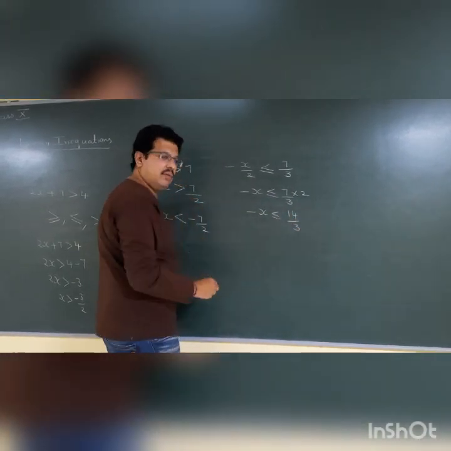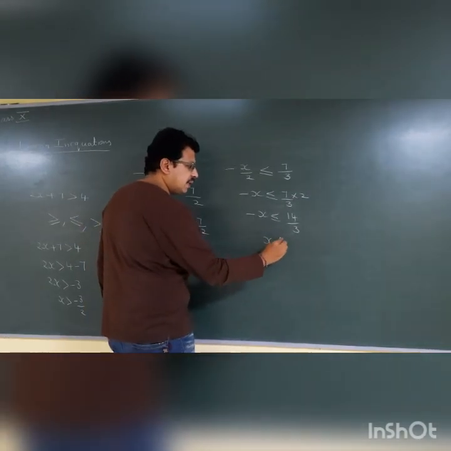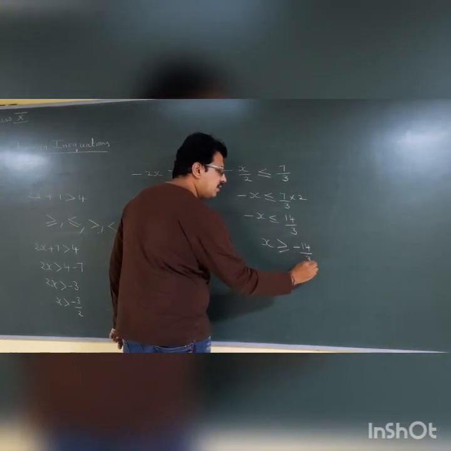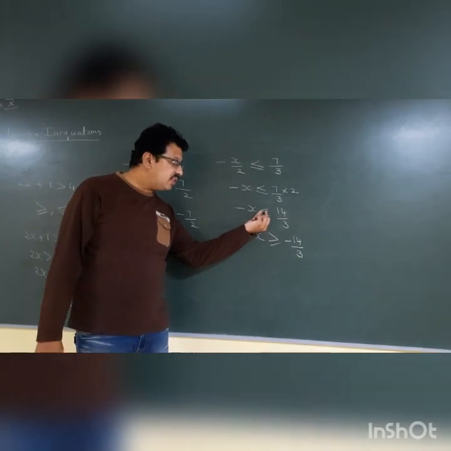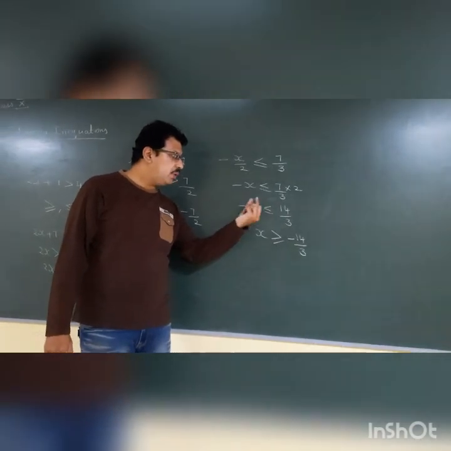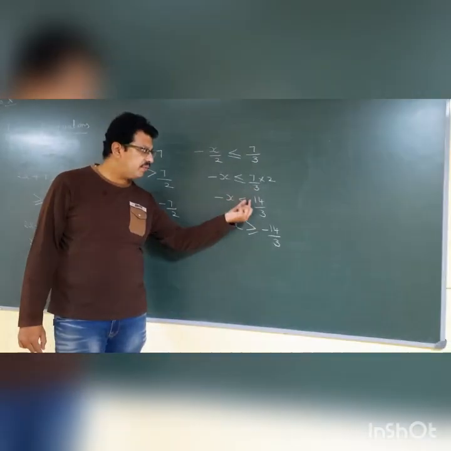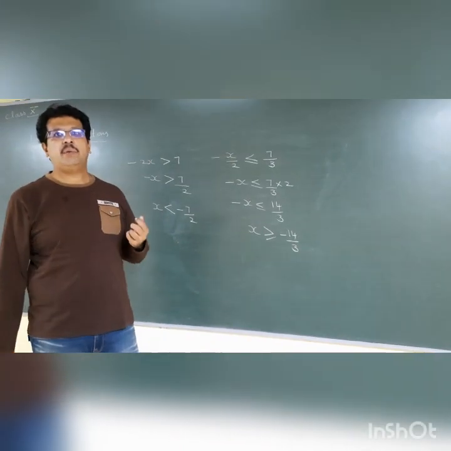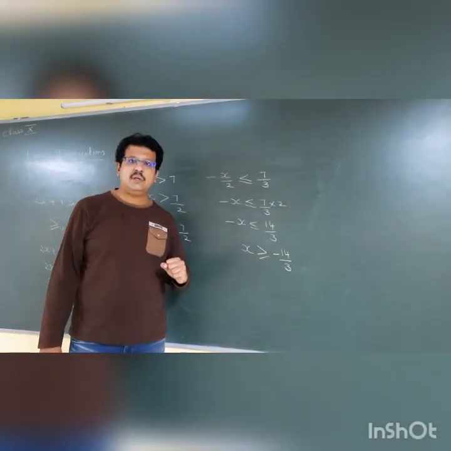Multiplying both sides by minus, it becomes x is greater than or equal to minus 14 by 3. Again the inequality changes: less than or equal to becomes greater than or equal to. This is a very important step, children. You need to understand it clearly and solve the problem.